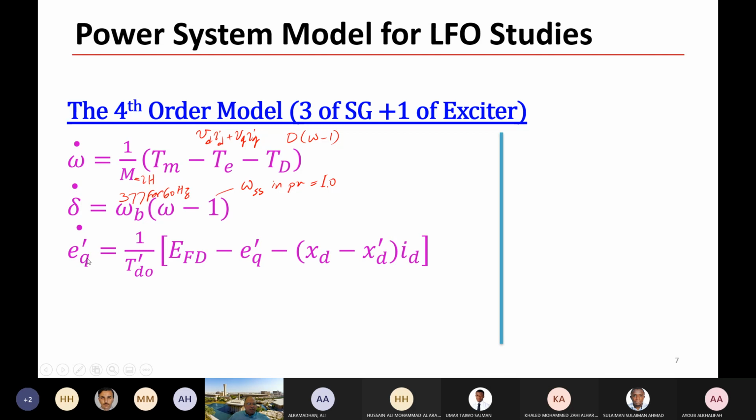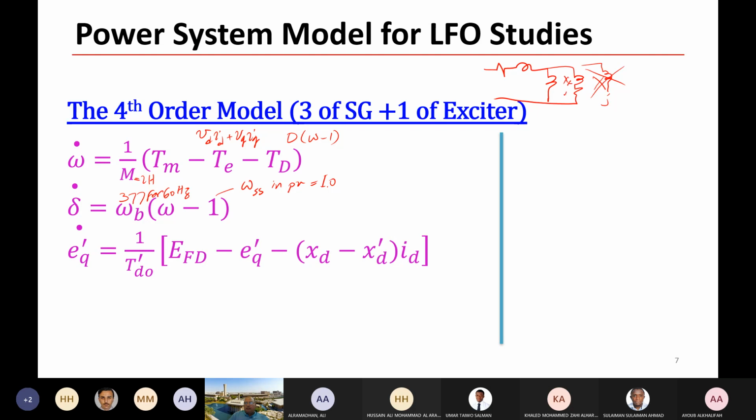EQ prime dot, this is the third state equation, 1 over TDO prime. And the TDO prime, we are talking about the circuit with RA, and we neglect the damper winding here, since that appears only in the sub-transient period.